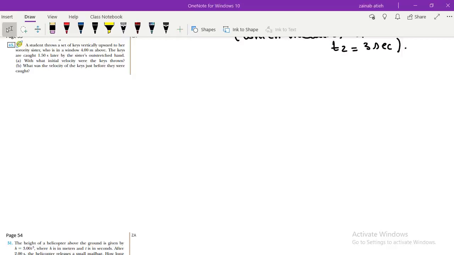The keys are caught 1.5 seconds later by the sister's outstretched hand. Part A: with what initial velocity were the keys thrown? I will draw what happened.